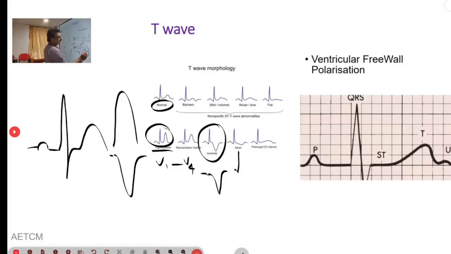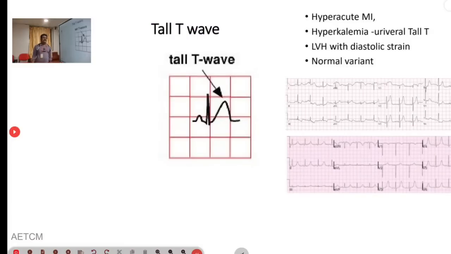In strain pattern, that is LVH with strain, one limb will be larger than the other limb. This is smaller, this is larger. This is called a strain pattern. Now, very tall T waves indicate hyperacute MI if seen only in a group of leads.